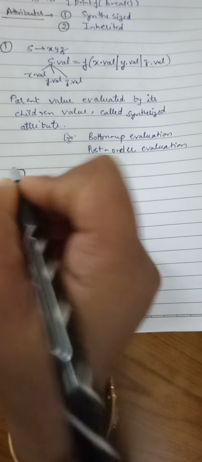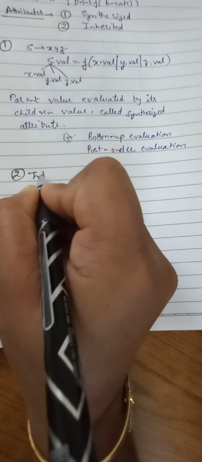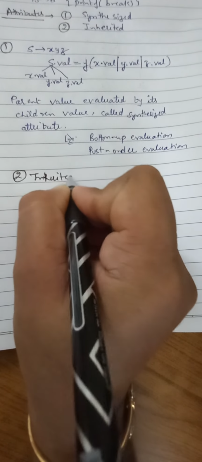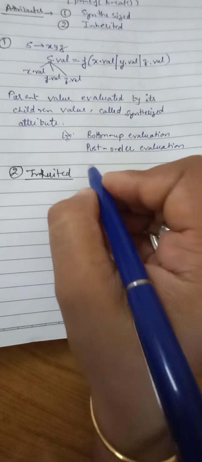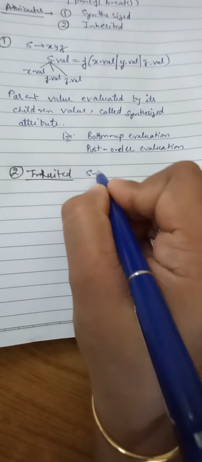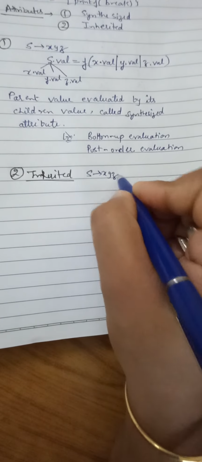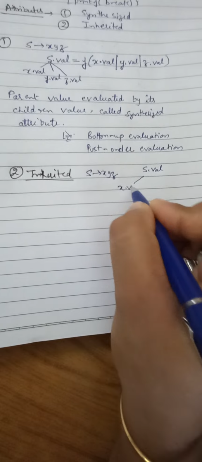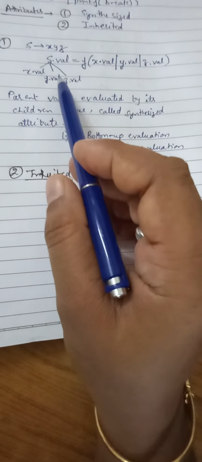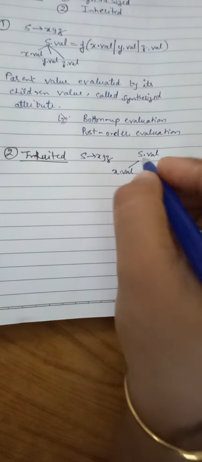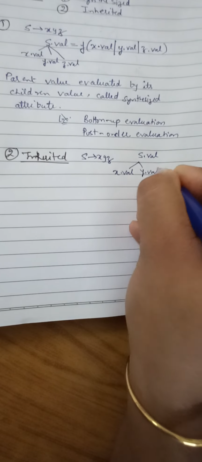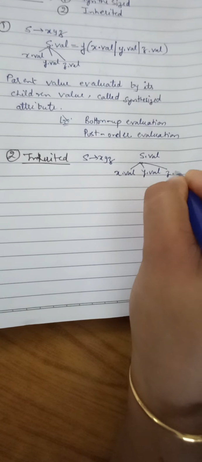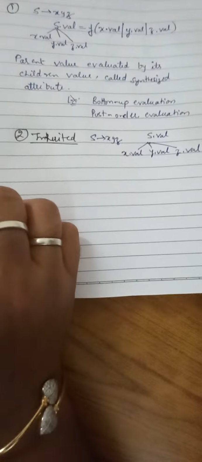And if we talk about inherited attribute, what does it mean? It means if S tends to X, Y, Z, S dot value will carry, as we have seen here, in a similar way X dot value, Y dot value and Z dot value.